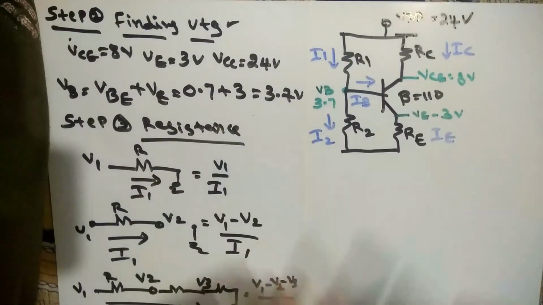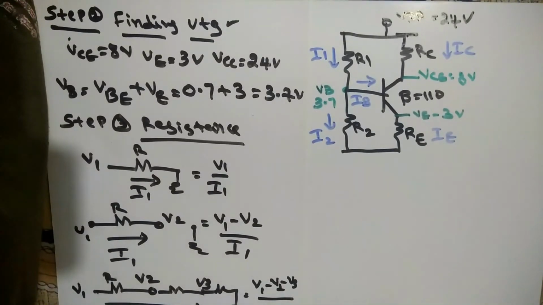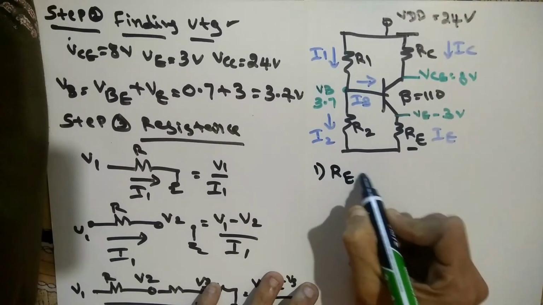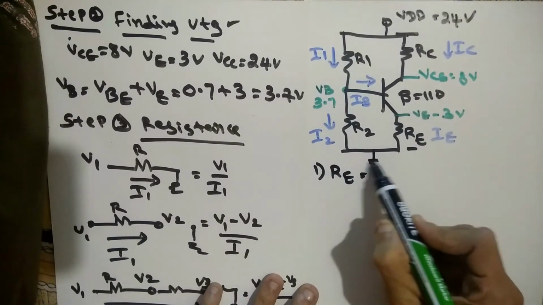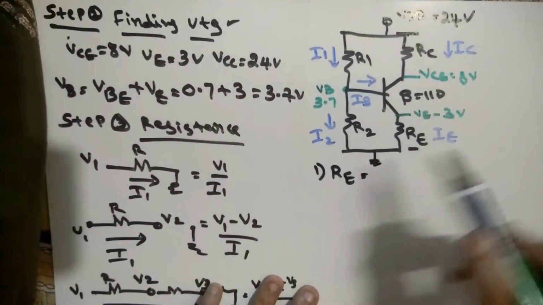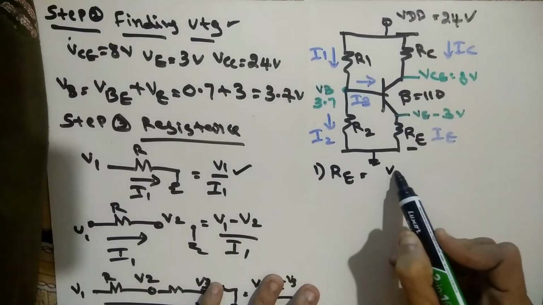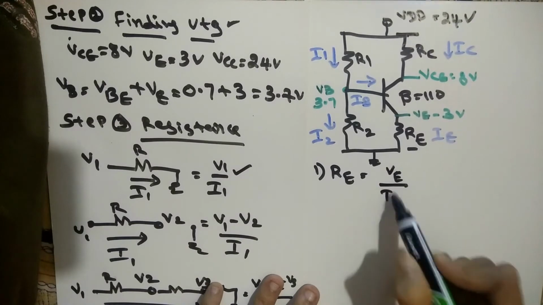First we will go for RE. Here at RE, this portion is grounded. We have only one voltage and one current, like that operation. So we can take the formula VE divided by IE.